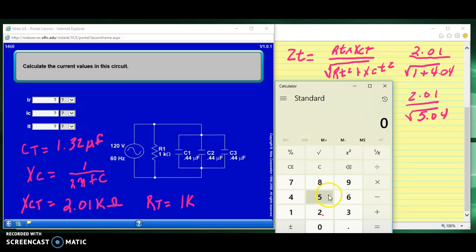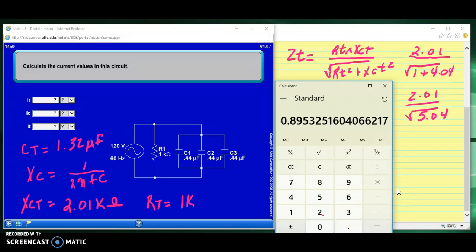So we're going to say 5.04 square root, and I'm going to put that in memory, so we're going to divide 2.01 divided by memory equals 0.89.